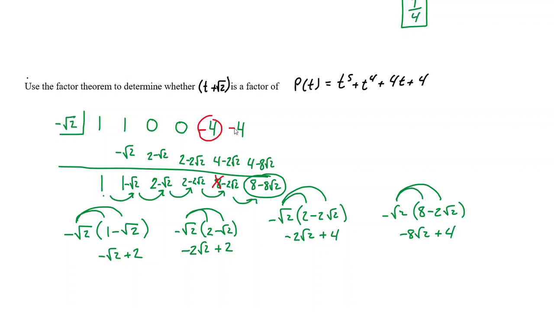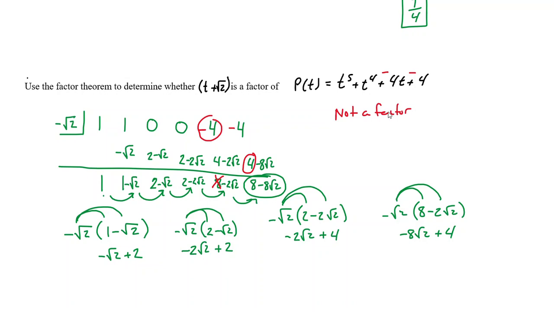And if this had been a minus 4 and we had been left with just a 4 here, then we would have had a 0. So actually we can see that if it had been minus 4, t plus the square root of 2 would have been a factor. So this is certainly possible, just because the answer is no, not a factor.